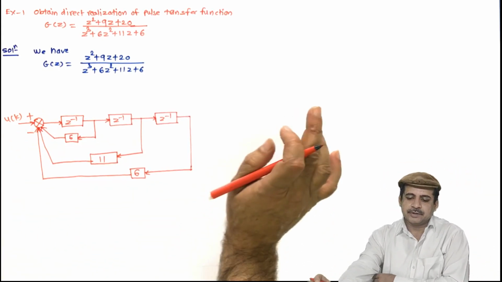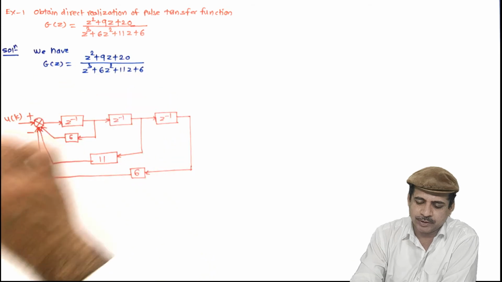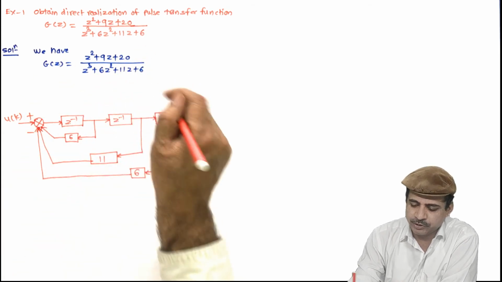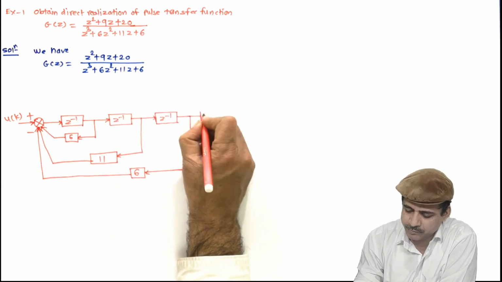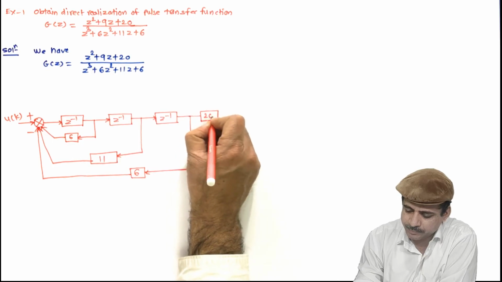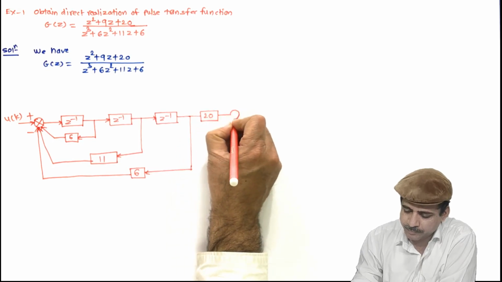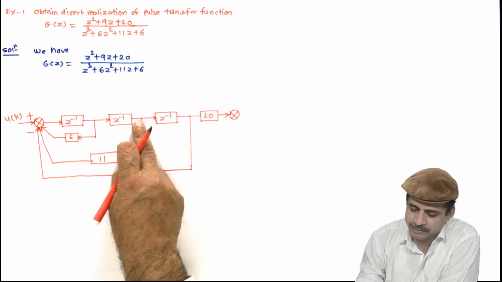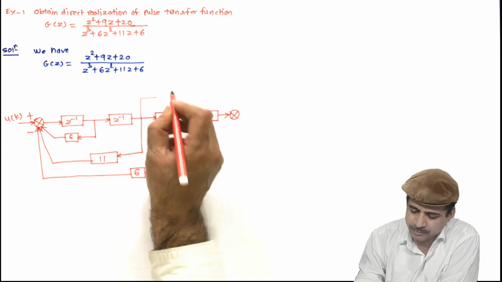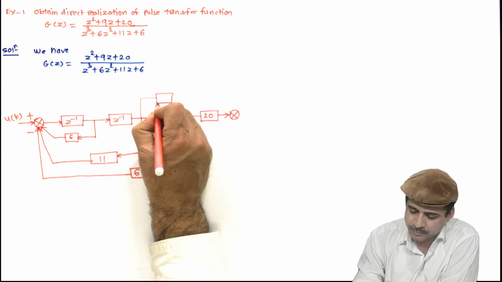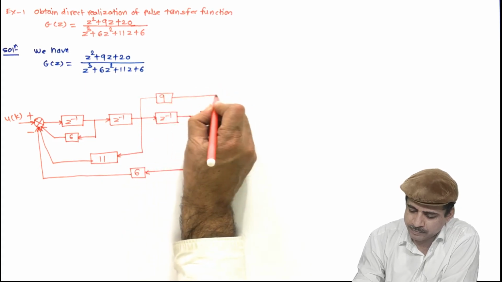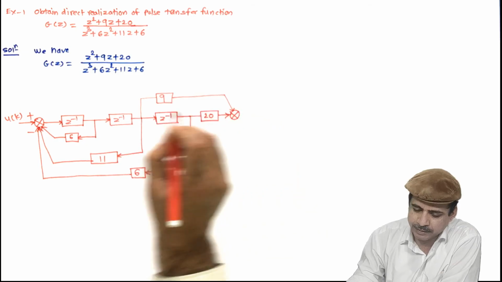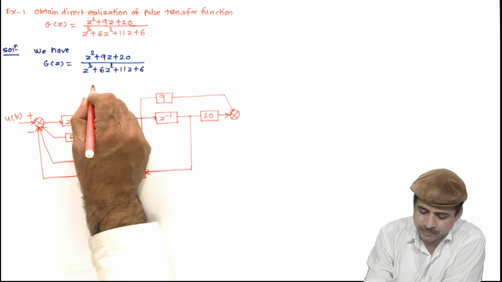Then it is time to realize the numerator. The coefficient of z raised to 0 is 20, so this will be 20. The coefficient of z is 9, so this will be 9, and the coefficient of z square is 1.